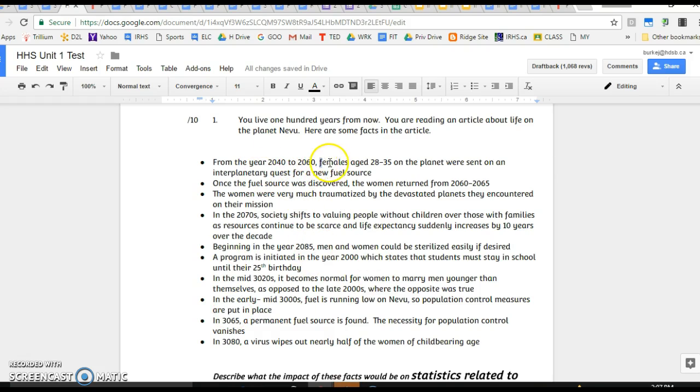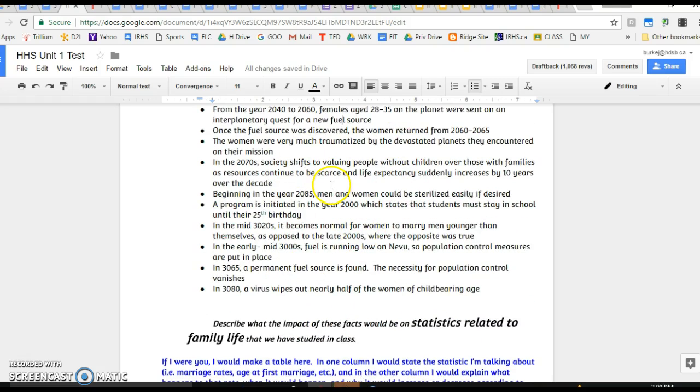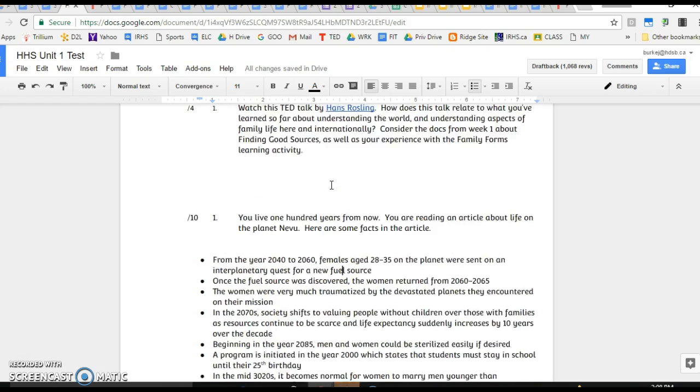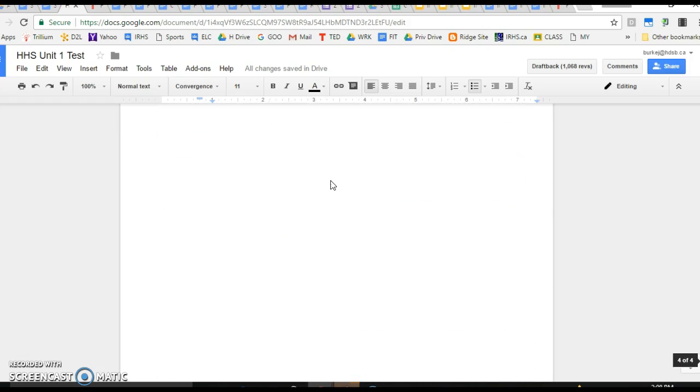And feel free, if you think this statistic connects to a few different rates, say you can make a connection for age at first marriage, marriage rates, and birth rate, then use it for 3 separate rows. That's fair enough. There's tons of stuff here to choose from. All right, so that's the unit test.